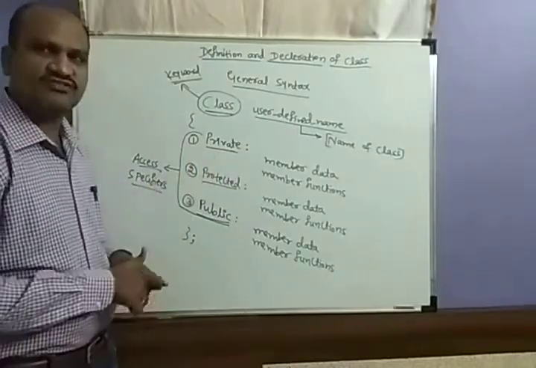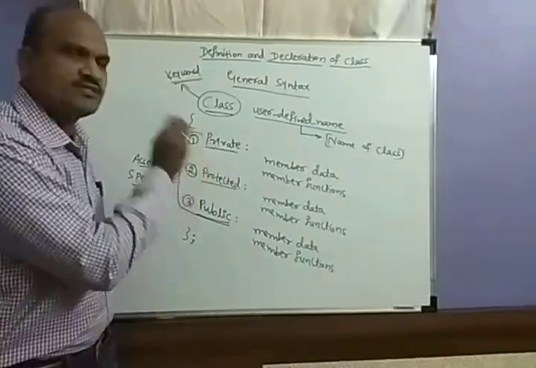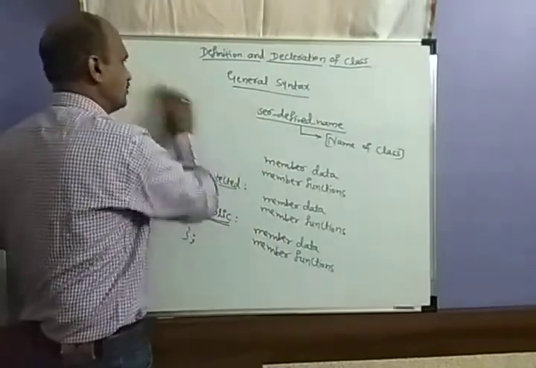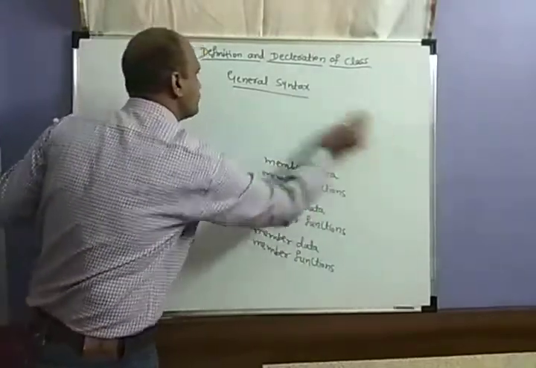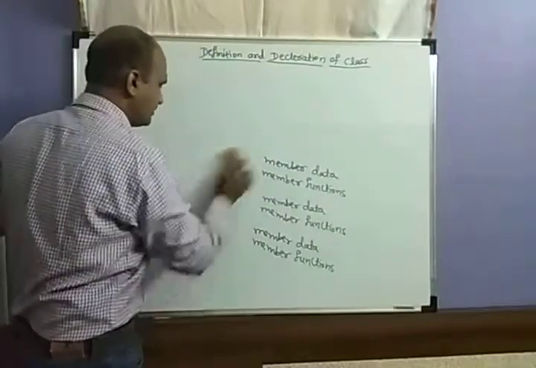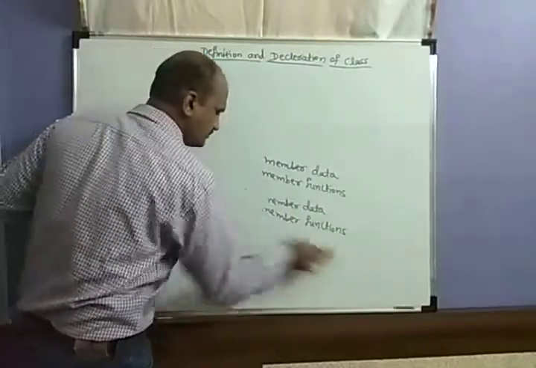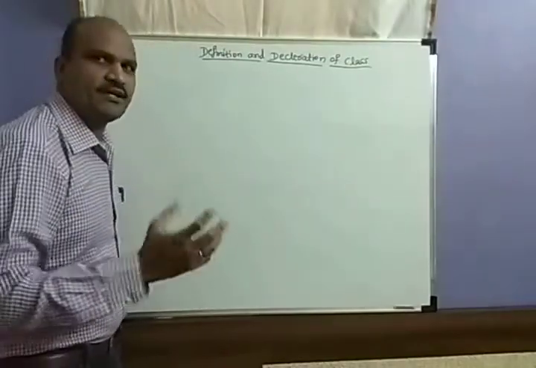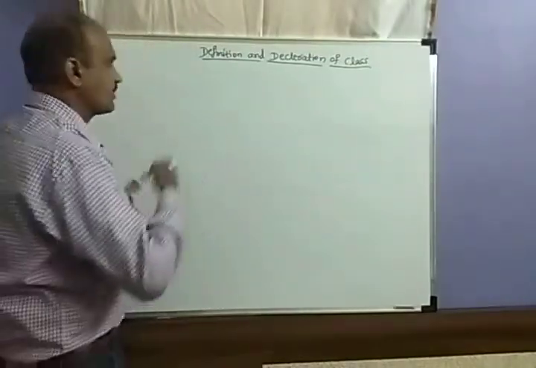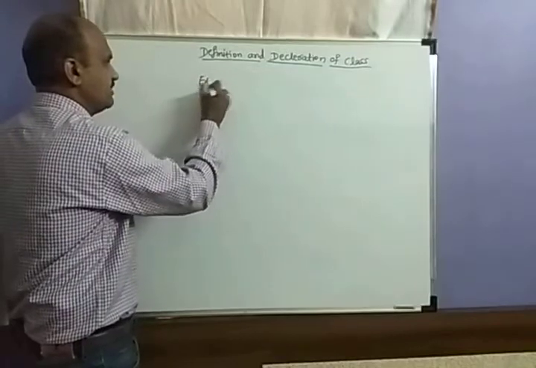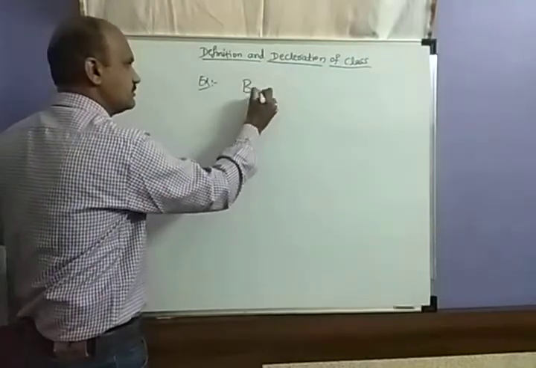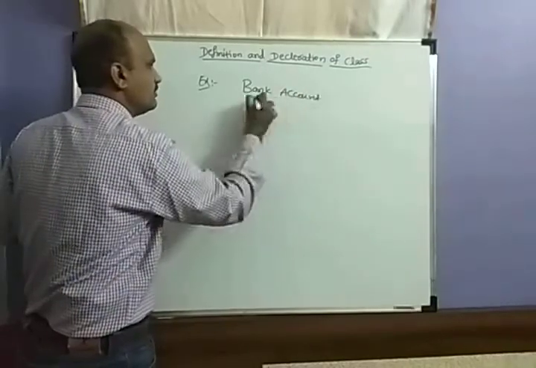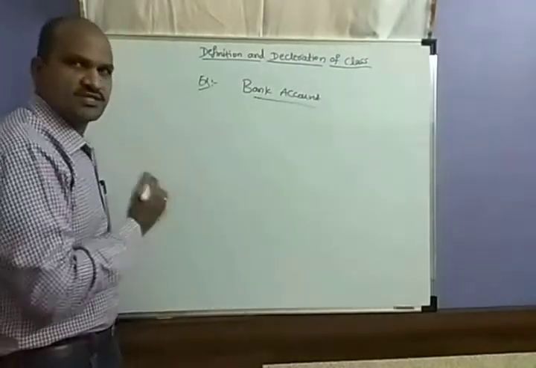So according to this syntax, we'll take a simple example. If I take a bank account as an example, how do we declare the class for this?